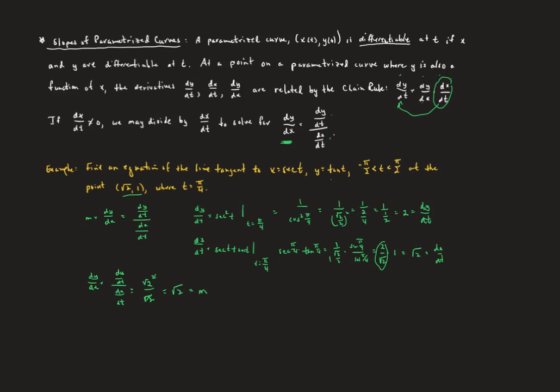Okay, we're almost there. We've got our point and we've got our slope. So at long last, we can say y minus 1 equals the slope, square root of 2, times x minus square root of 2, and that is our tangent line. All right, very good.